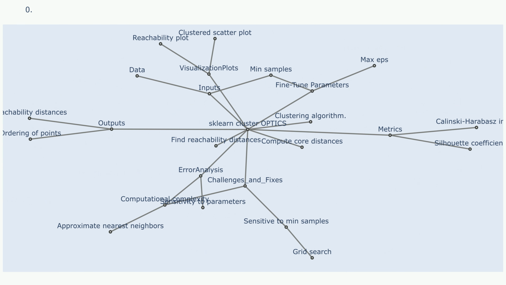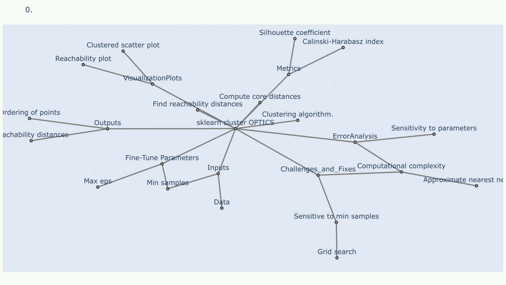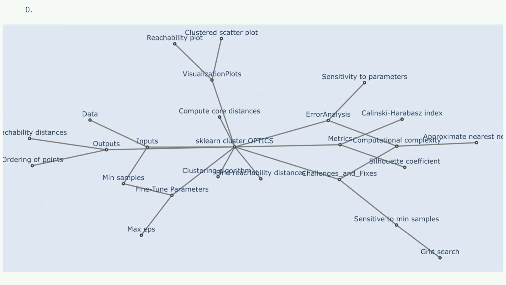Metrics: silhouette coefficient measures the quality of clustering by evaluating how similar a data point is to its own cluster compared to other clusters. Calinski-Harabasz index measures the ratio of between-cluster variance to within-cluster variance, with higher values indicating better clustering.